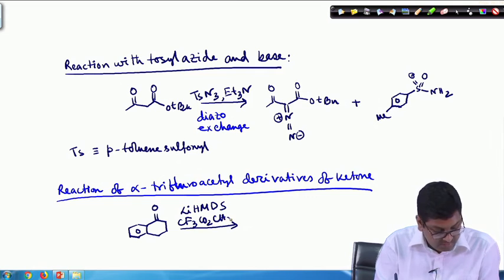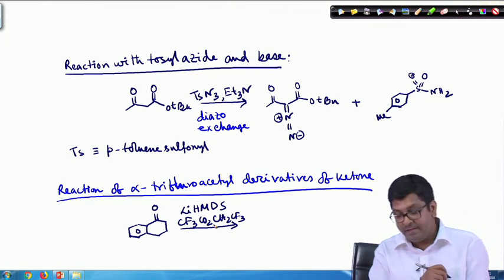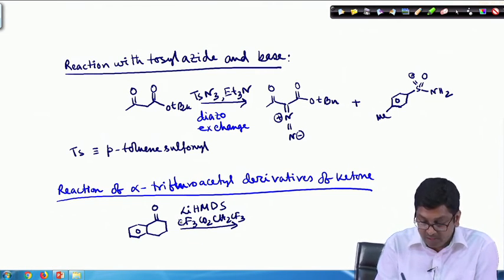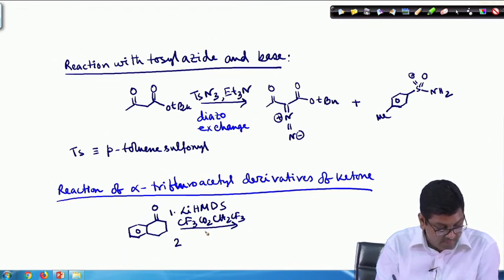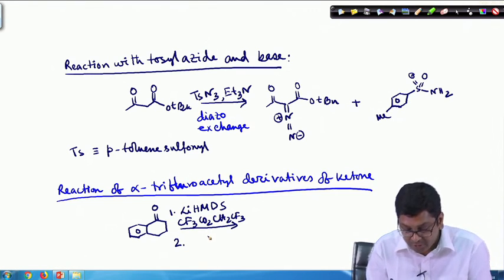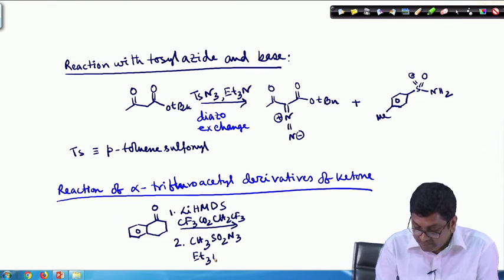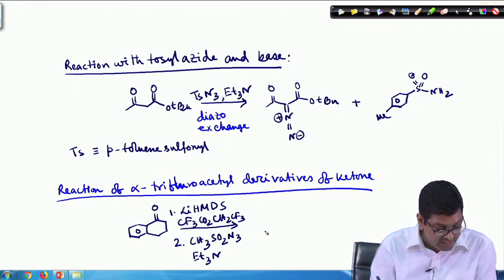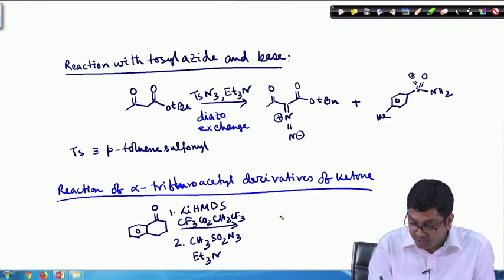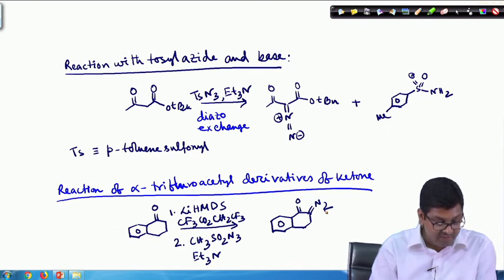and this ester CF3CO2CH2CF3, and number 2 is that for the diazo exchange, that is the methane sulfonyl azide in presence of base, okay, that will give this corresponding diazo compound in a very efficient way.